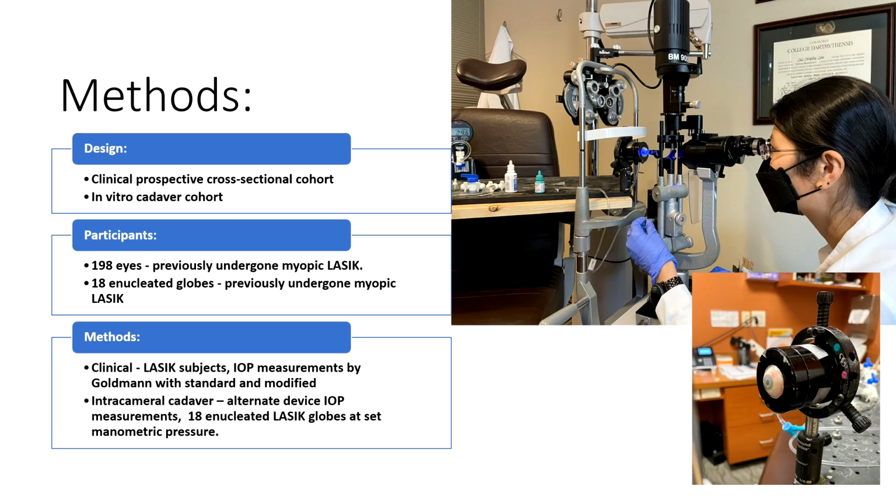LASIK subjects were enrolled from 3 investigative sites, obtaining IOP measurements by Goldmann with standard and modified prisms by multiple practitioners per ISO standardized procedures. Using the same methods, IOP measurements were taken using 18 enucleated globes that had undergone LASIK by 2 practitioners at the manometric pressures of 5, 10, 20, 30, 40, and 50 millimeters of mercury.